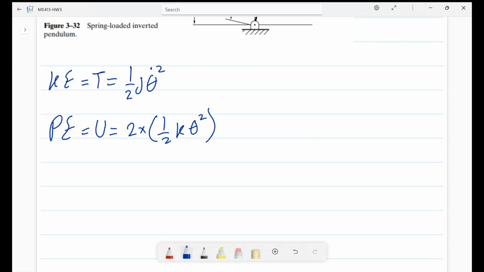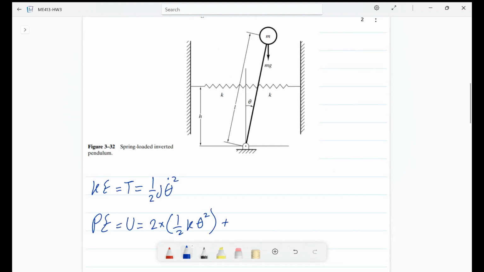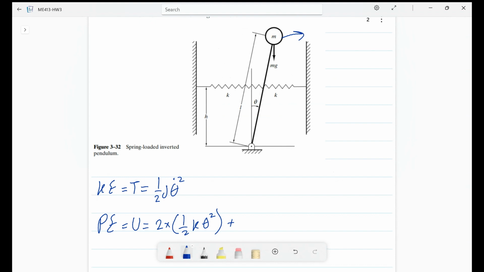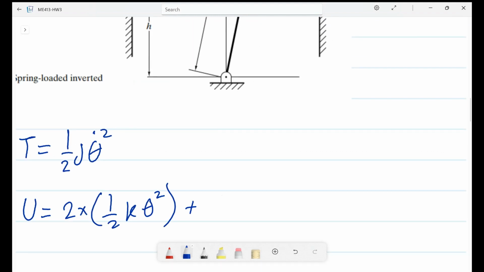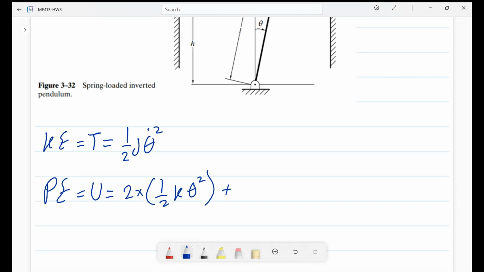And also we have our potential energy from our mass. Now, we said previously whether to consider the mass or not. The way of determining whether to consider our mass or not in the equation of motion that we derive is by seeing how the mass affects our springs and dampers in the equilibrium position.